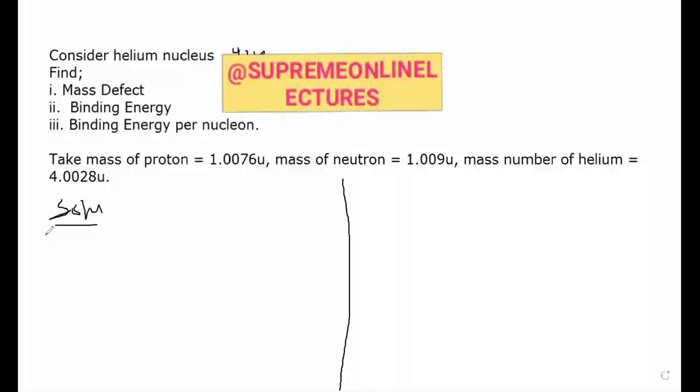Remember that A equals Z plus N, where Z is the proton number, N is the neutron number and A is the mass number.